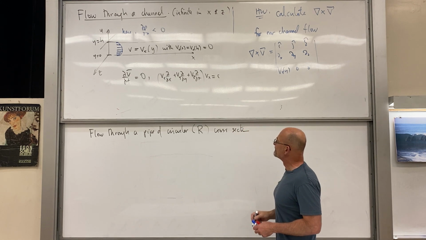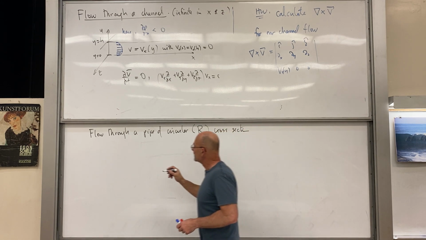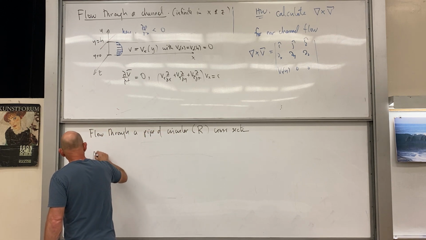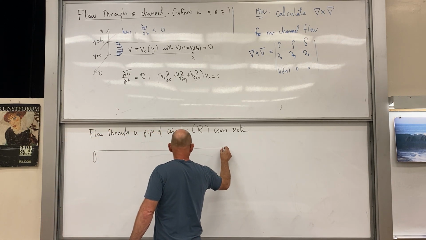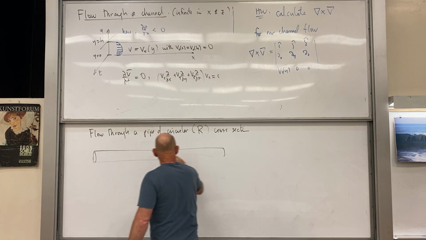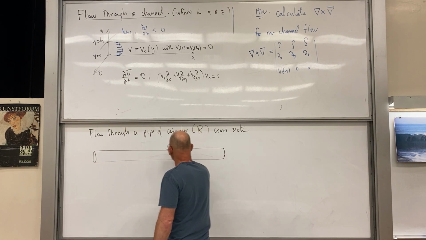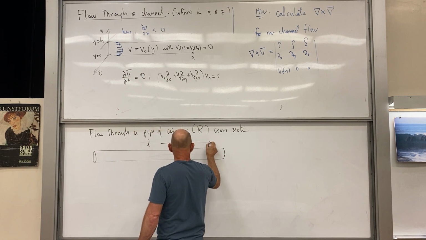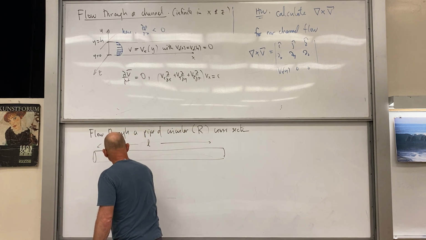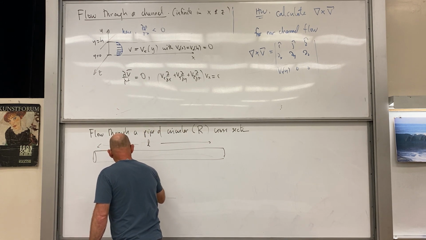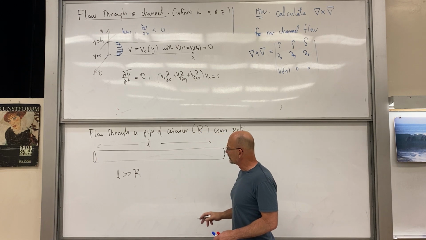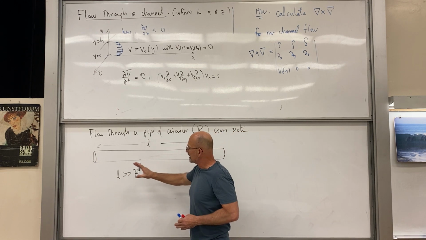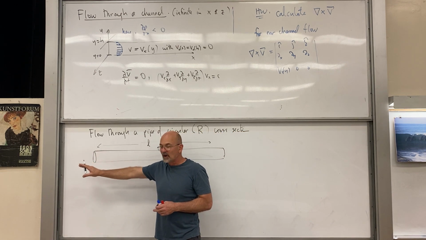And this time we're going to specifically require that the length be much greater than the radius, and we'll actually have an explicit pressure gradient across the ends.